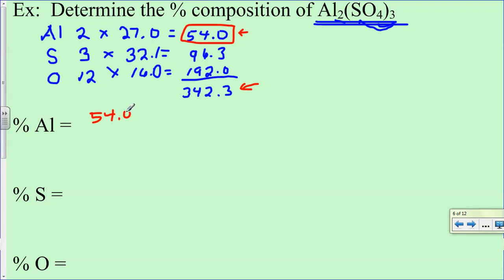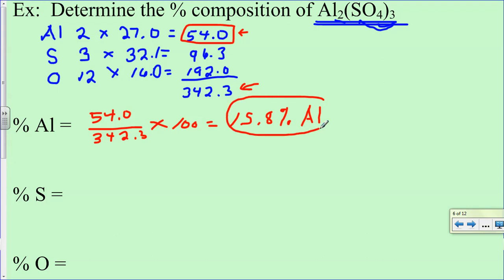So 54.0 divided by 342.3 times 100. That comes out to be 15.8%. And we always want to identify our substance, so we write a little Al next to it. And we're one third of the way done.